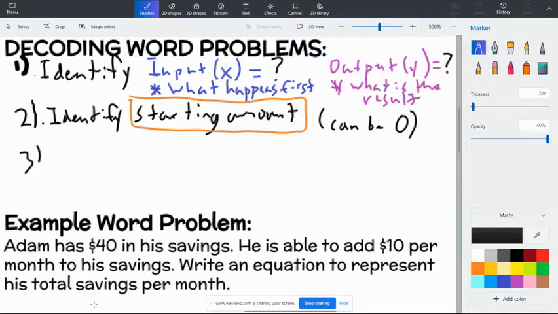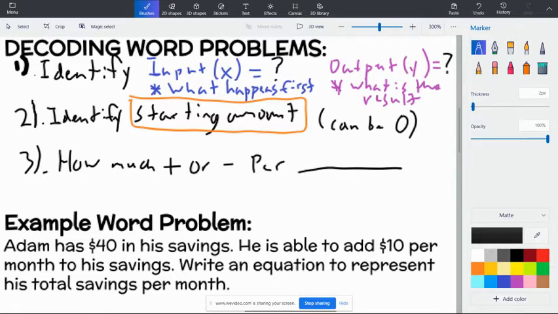Then the third thing you're going to figure out is how much up or down per something. This will make a lot more sense when we get into examples.